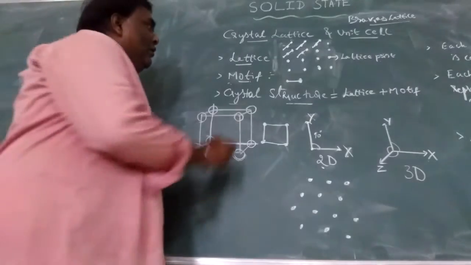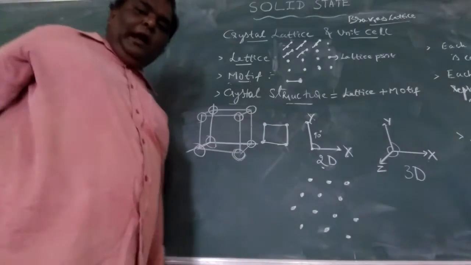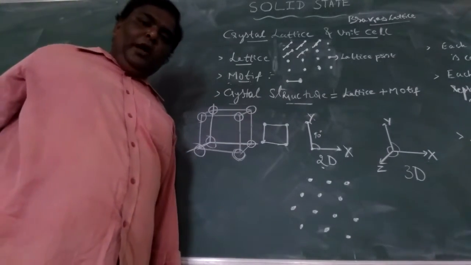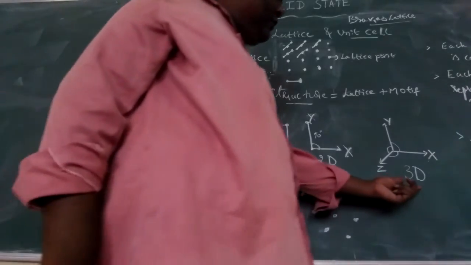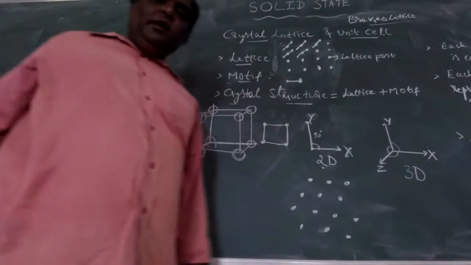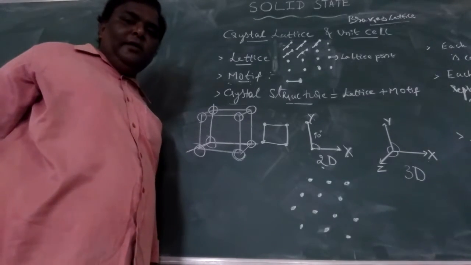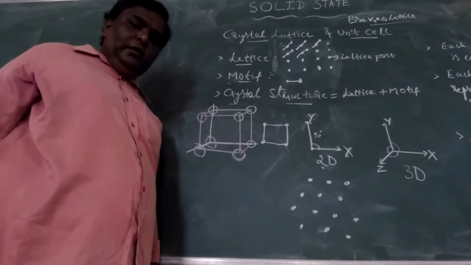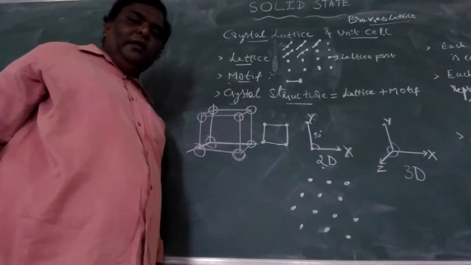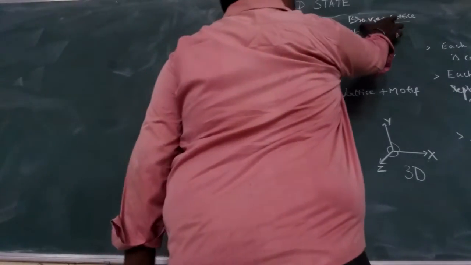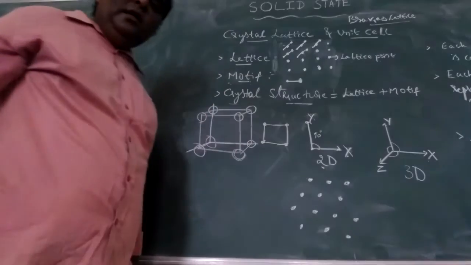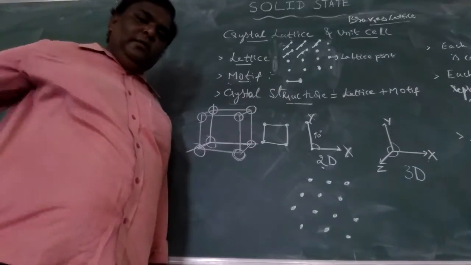This is about the crystal lattice, with two-dimensional and three-dimensional possibilities. In the case of three-dimensional, 14 crystal lattices are possible, and these 14 lattices are known as Bravais lattices.